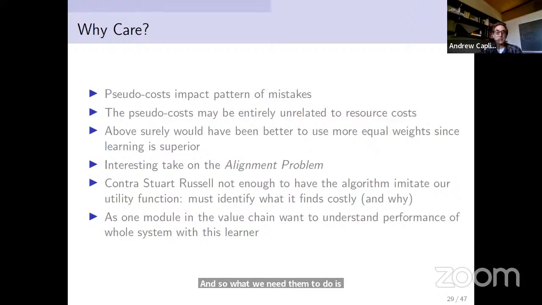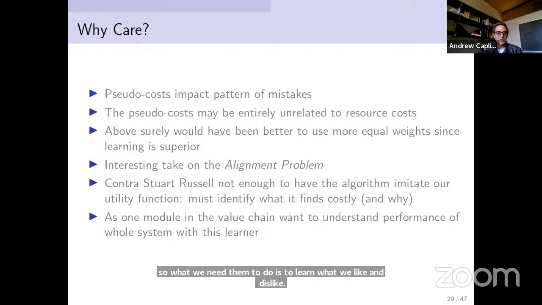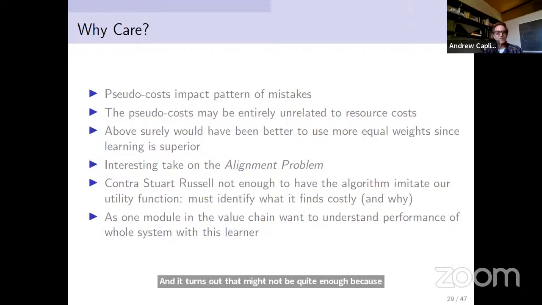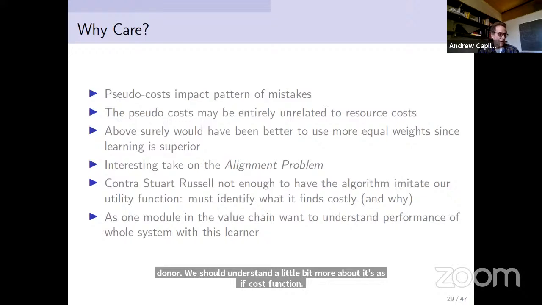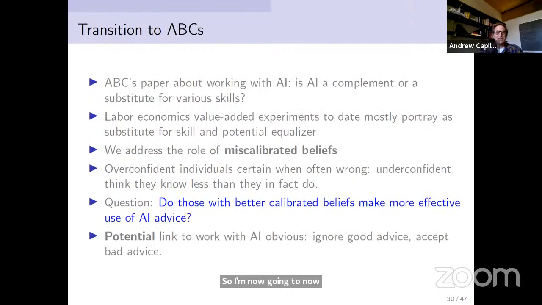And it turns out that might not be quite enough because we don't know what the machines find costly or difficult. We'll want to understand what's the performance of this learner. We should understand a little bit more about its as-if cost function. So I'm now going to, roughly at the right time, move on to an entirely different piece of work. A very different basic method and a very different moral.